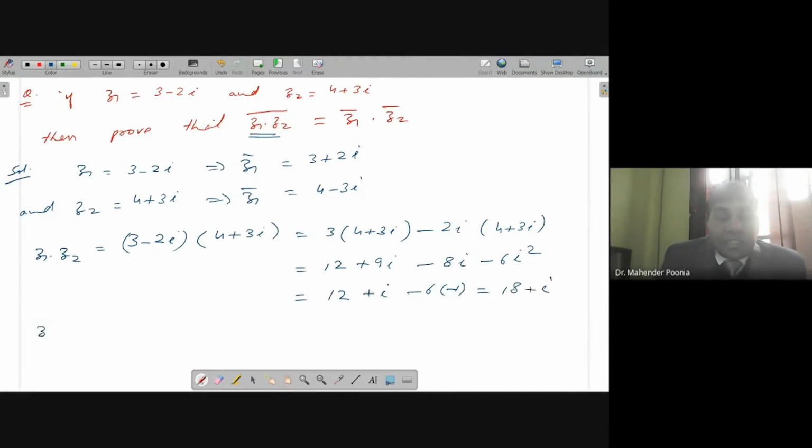Now we need Z1 into Z2 whole conjugate, which is equal to 18 plus iota its conjugate, which is equal to 18 minus iota. Put it as equation number 1, right?